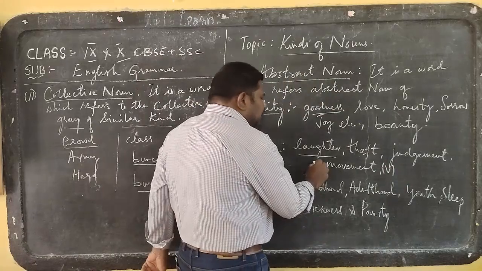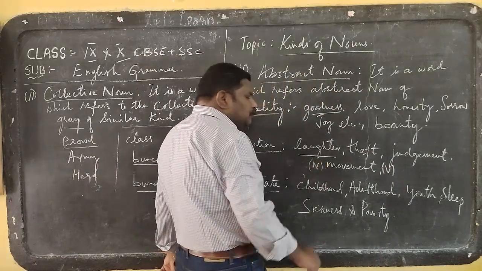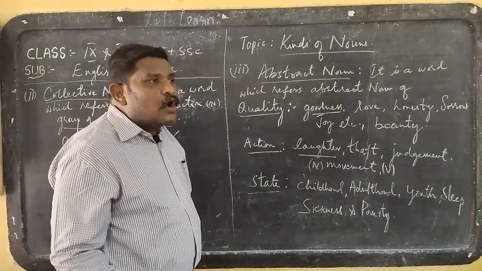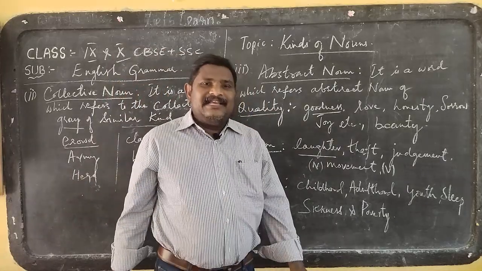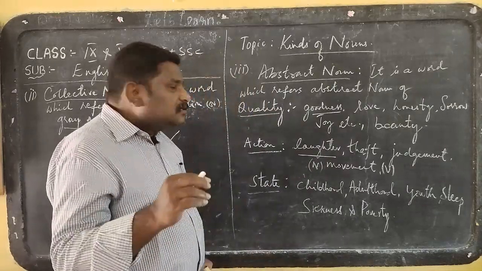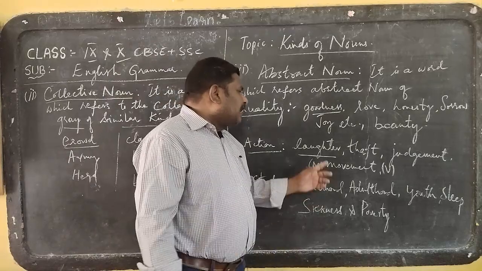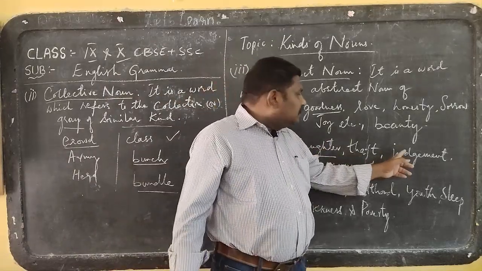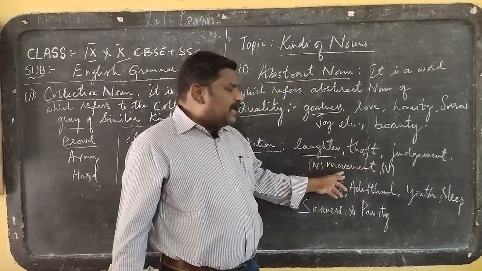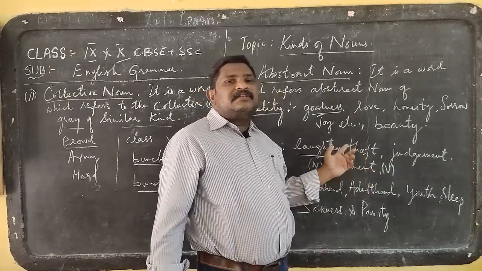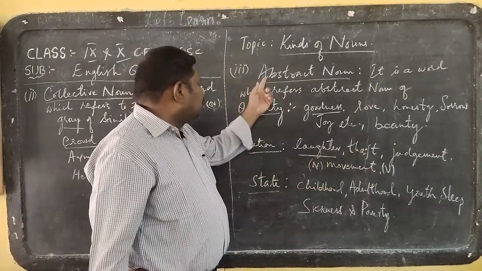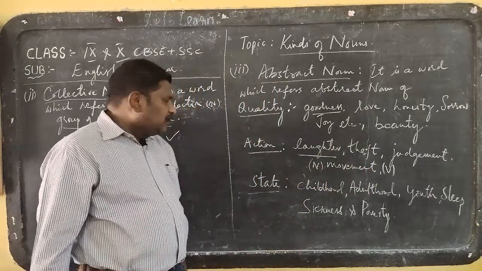Movement can also be used as a noun, children, situationally, according to the situation of the sentence. So laughter, theft, judgment, movement are some of the words which fall under abstract noun of action.